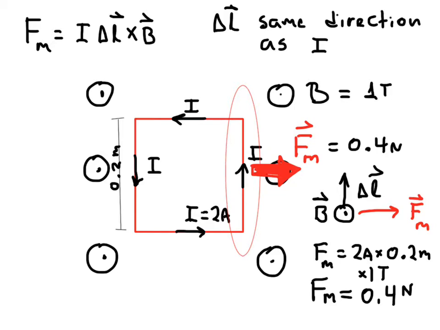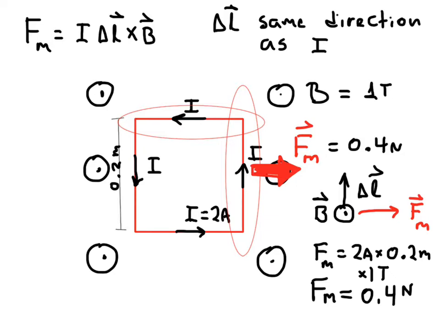In the direction, we figured that it will be to the right. We can now look at the other section of this loop that has a current to the left, the same length as the other one, 0.2 meters. We can figure out the direction of the force acting on that section of the loop. Again, put your right hand flat, make sure that your thumb points in the direction of the current, and your four fingers point out of the screen, because that's the direction of B, and you'll end up with the palm of your hand facing up the page.